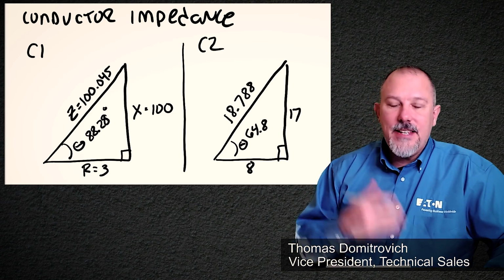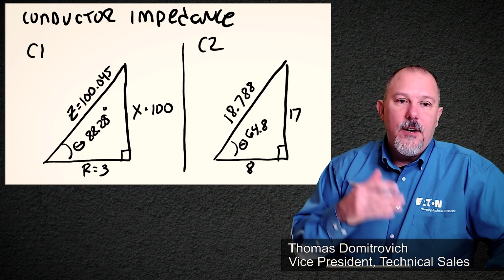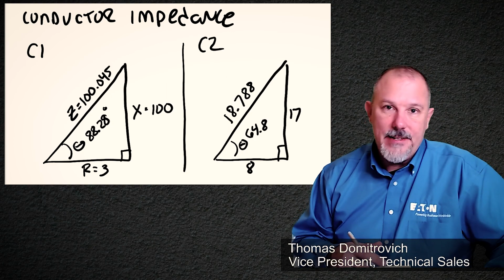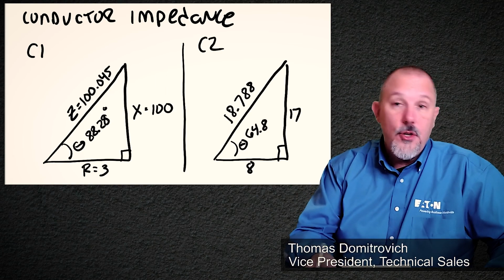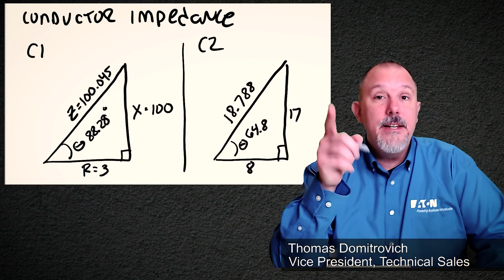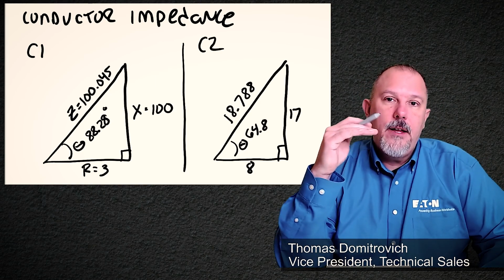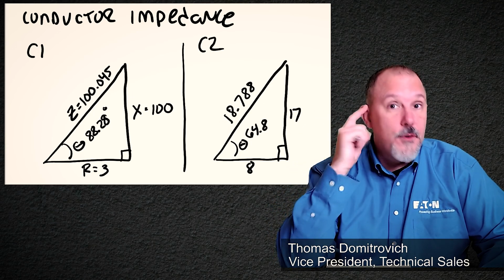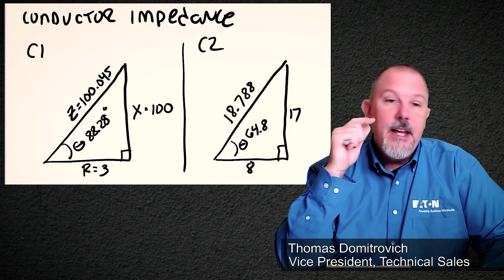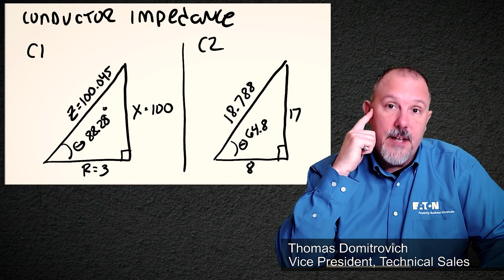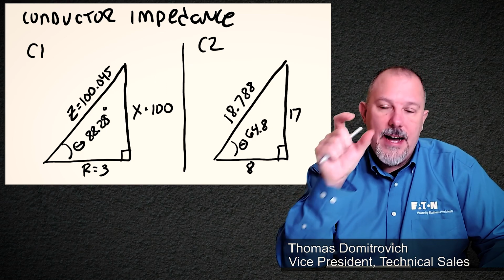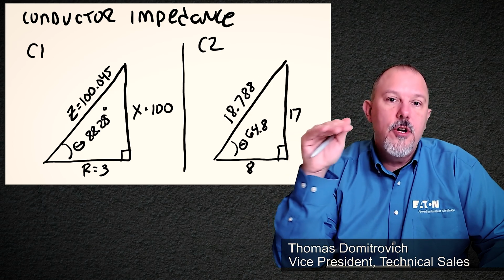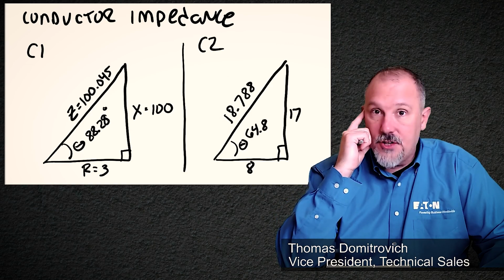Now, I just can't add 100.045 and 18.788 to get my total impedance. You could. If you did, you would have a higher impedance value, which would result in a lower fault current value if you're doing a fault current study. If I'm doing a voltage drop study, I would have a higher impedance value, which would result in a larger voltage drop than what I actually have.